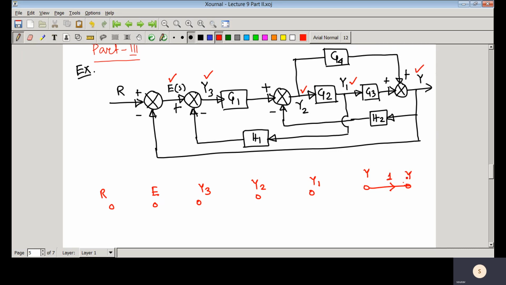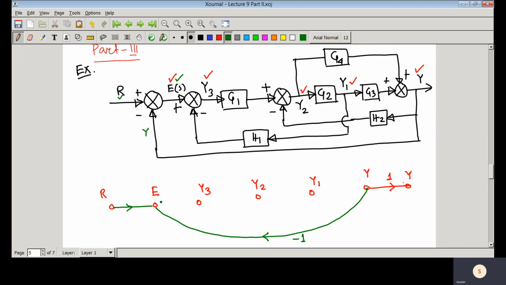So now you can see how the signal flows. Here you can see that E equal to R minus Y. So this is a branch with gain 1.